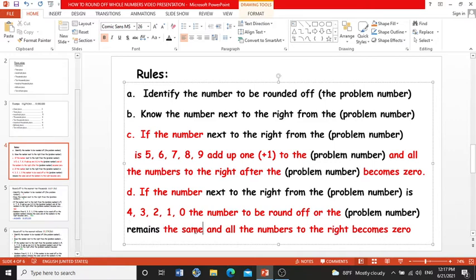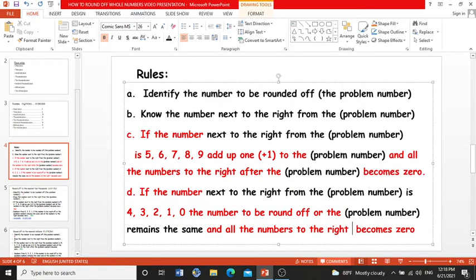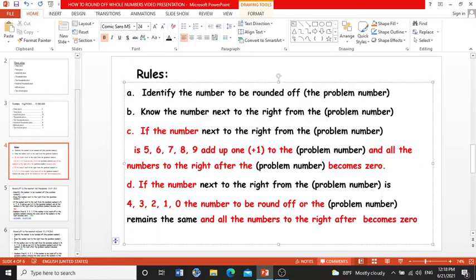Remember this: it remains the same, and all the numbers to the right, I'll make it specific, right after the problem number, become 0.